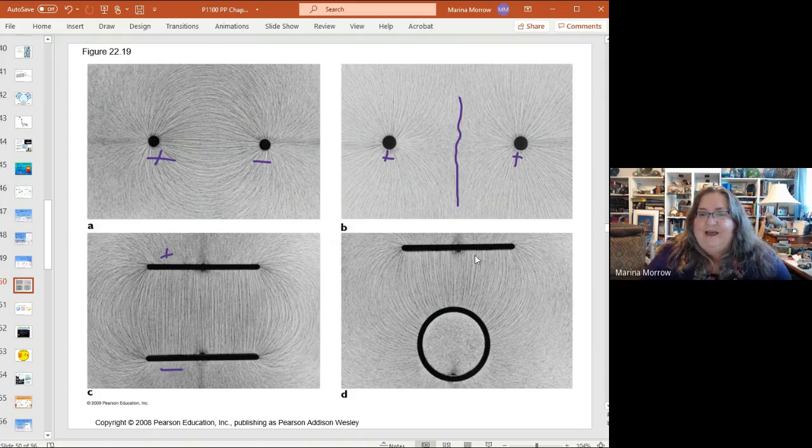And here we've got a positive here and a negative circle here. One of the cool things is, look inside the circle. The fibers aren't lined up at all, because inside a conductor, there's no outside electric force that can get in there.